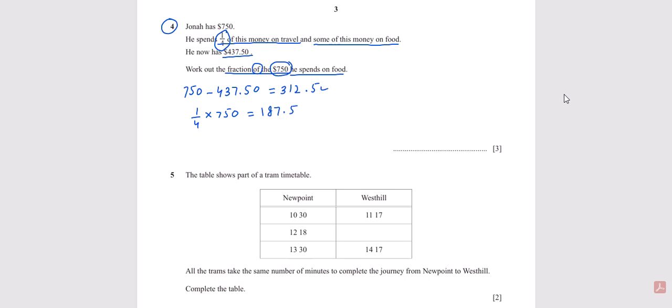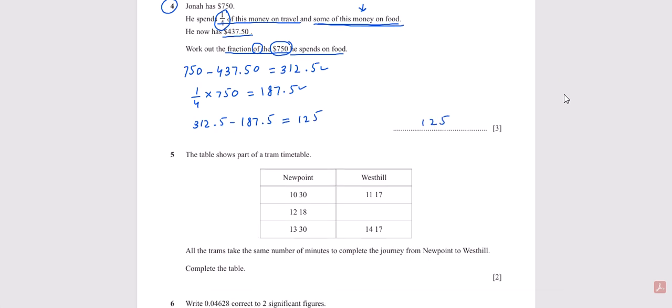So this value minus this value. Now we find the money which was spent on food. Okay, so 312.5 minus 187.5. Calculate these values. We get 125. So the final answer is 125.